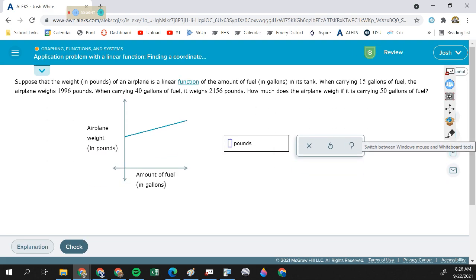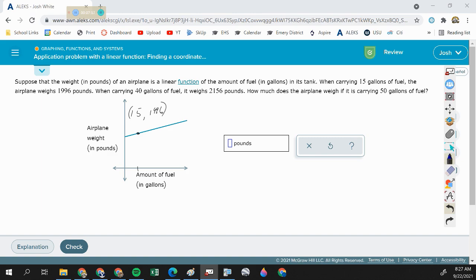Suppose that the weight in pounds of an airplane is a linear function of the gallons of fuel. When carrying 15 gallons of fuel, the airplane weighs 1996. When carrying 40 gallons of fuel, it weighs 2156. How much does the airplane weigh if it is carrying 50 gallons of fuel? So we know that this point here is (15, 1996).